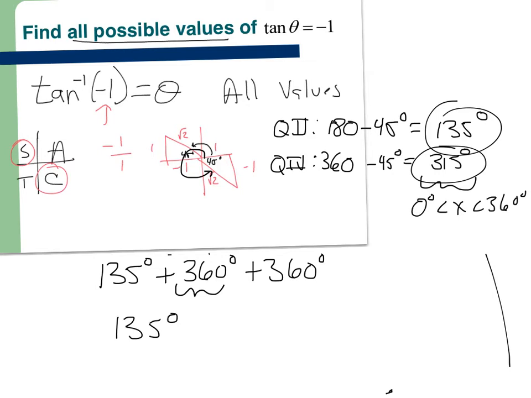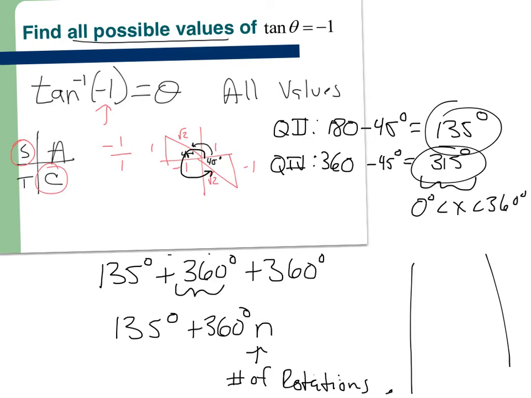So I say 135 plus 360 times n. This is the number of rotations.